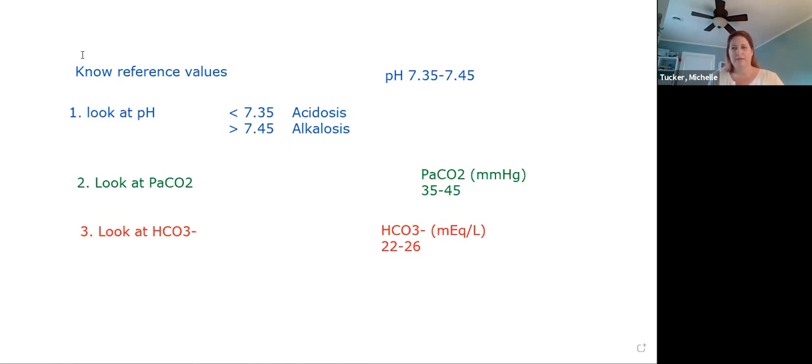When you get ready to take 3B, at the top you should write pH is 7.35 to 7.45, CO2 35 to 45, bicarbonate 22 to 26, because you're going to need that information. It's just a reference sheet to figure out what disorder you're looking for.